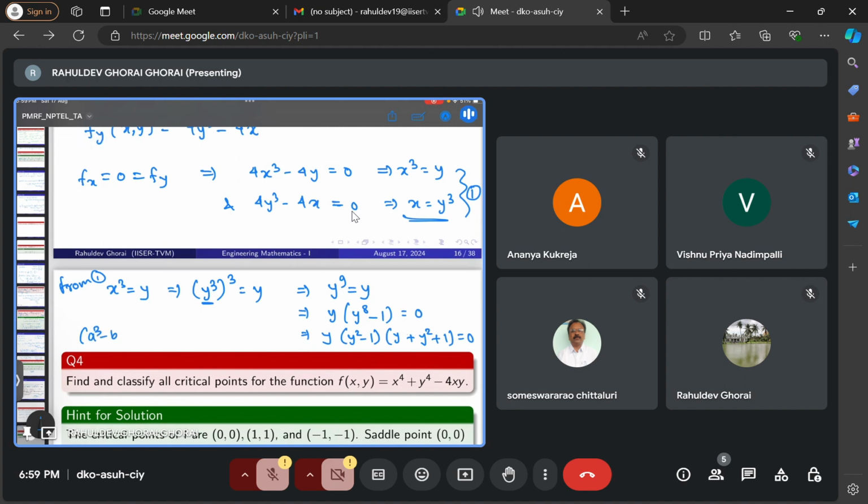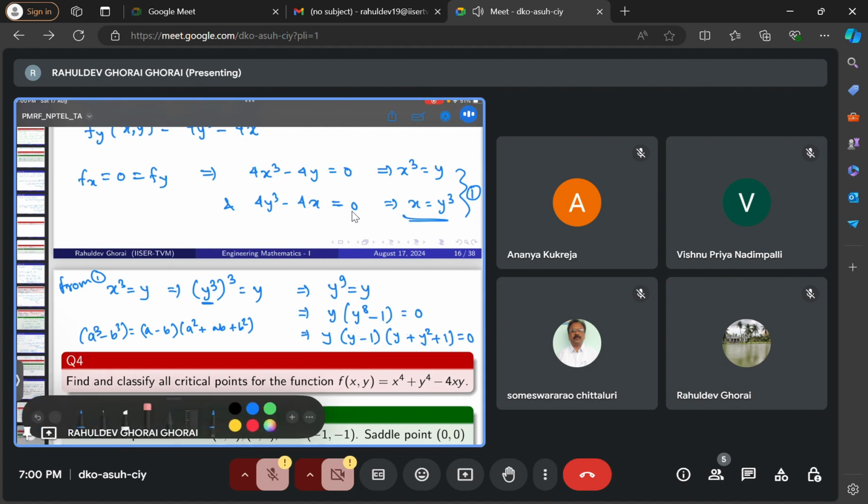Mainly I am writing it in the form a cube minus b cube is nothing but (a minus b) times (a square plus ab plus b square), right? So that is the form I have been writing. So y squared to the power, like not y square then, so it will be y to the power, so how do you write it?